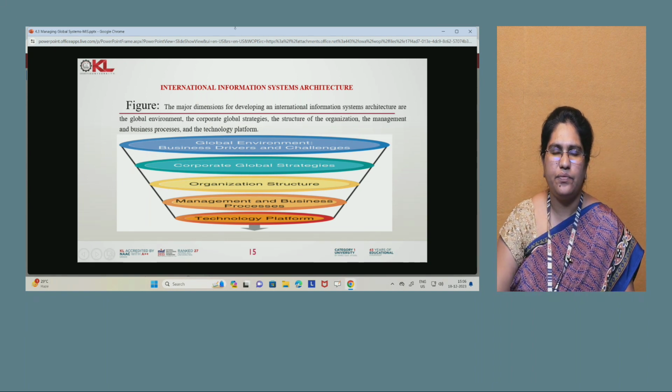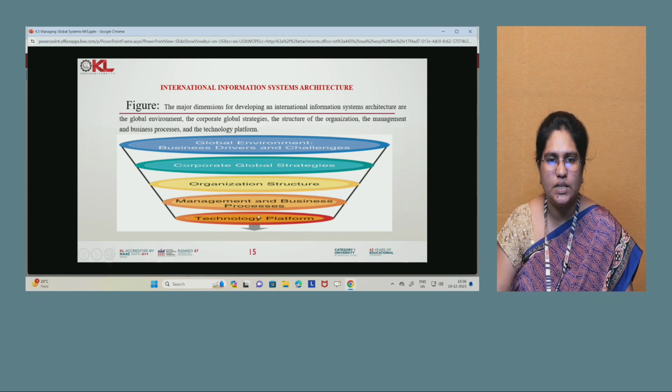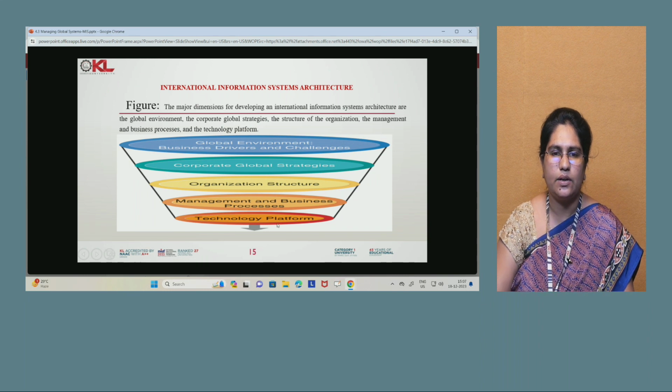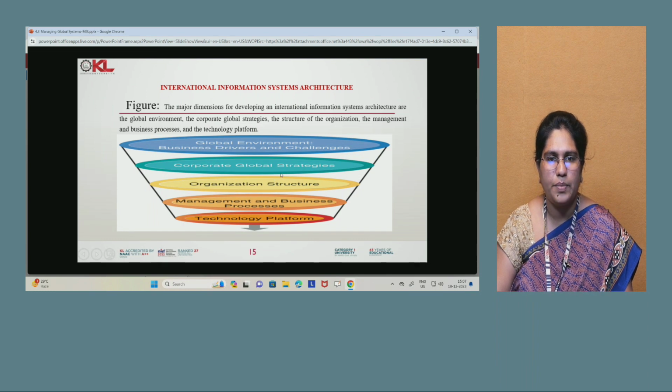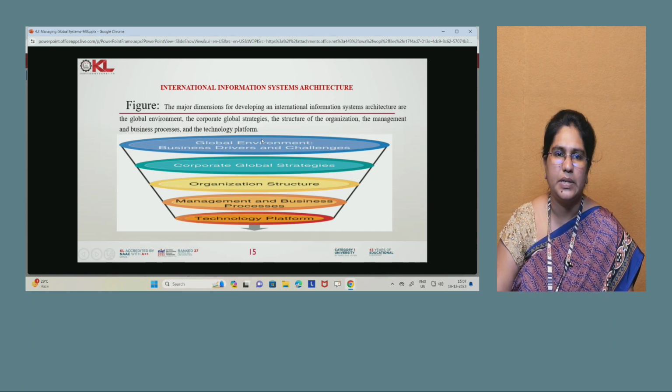So the international platform architecture is like this. Initially it starts with the technology platform, after that information and business processes, organization structure and corporate global strategies are followed, and finally it is going to the global environment.